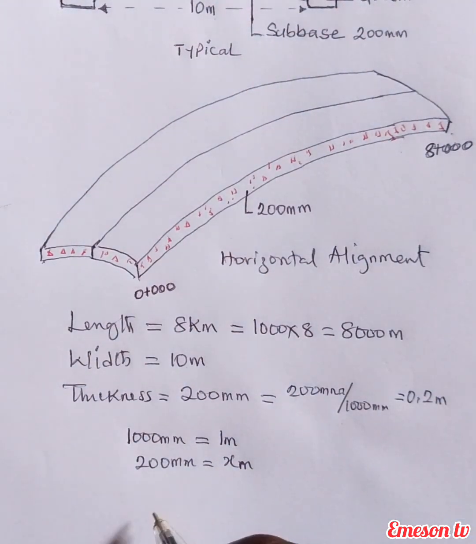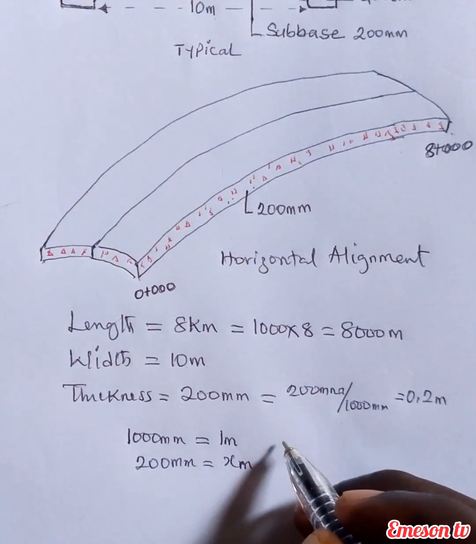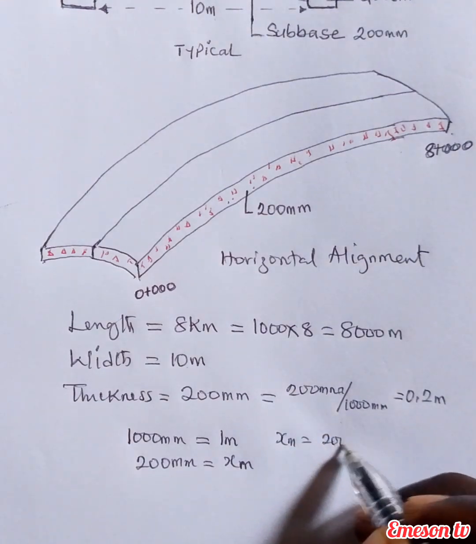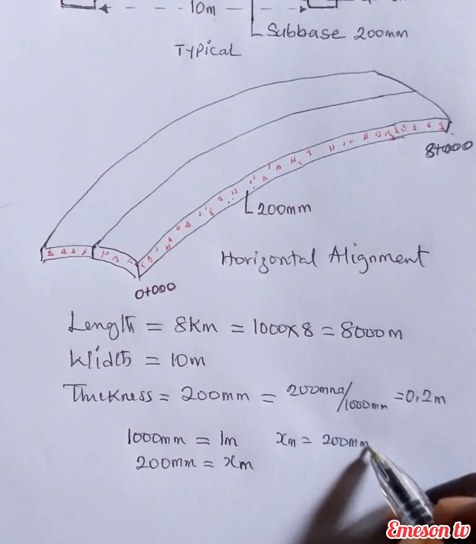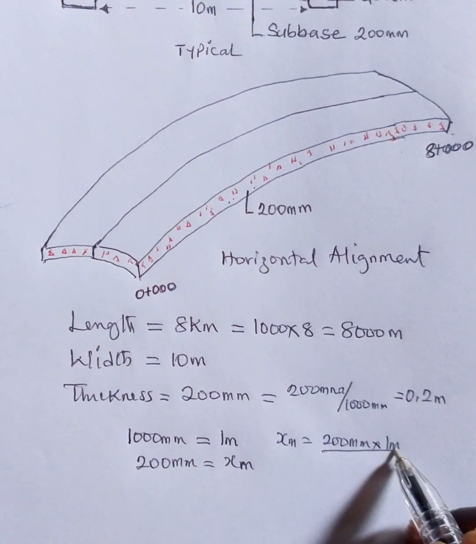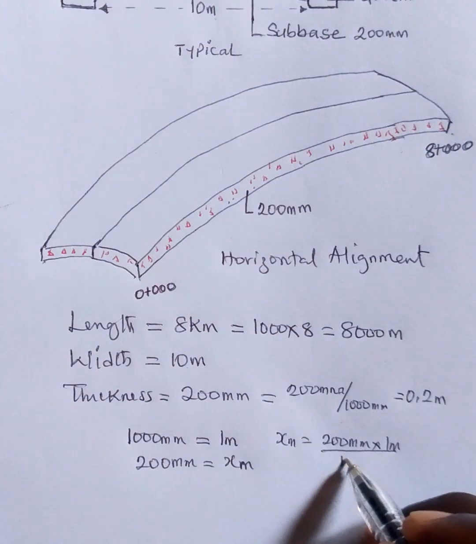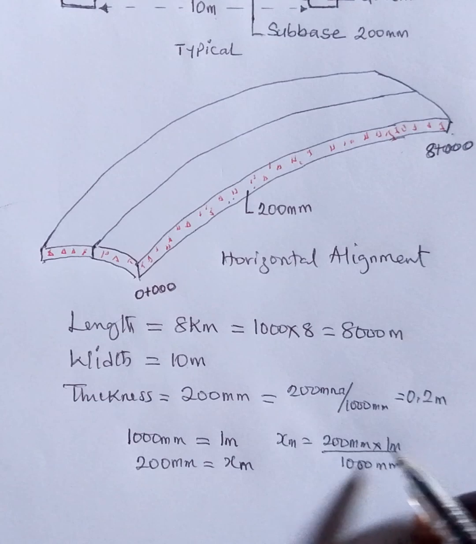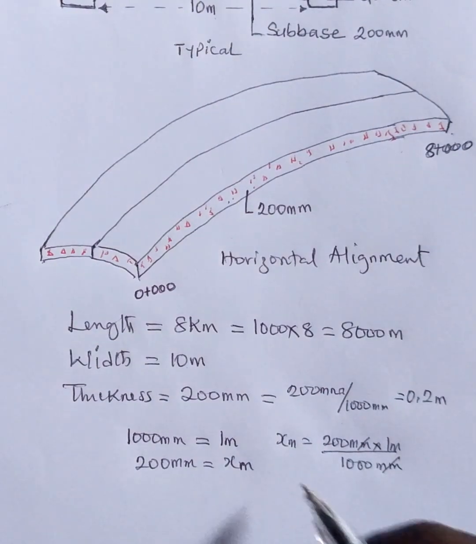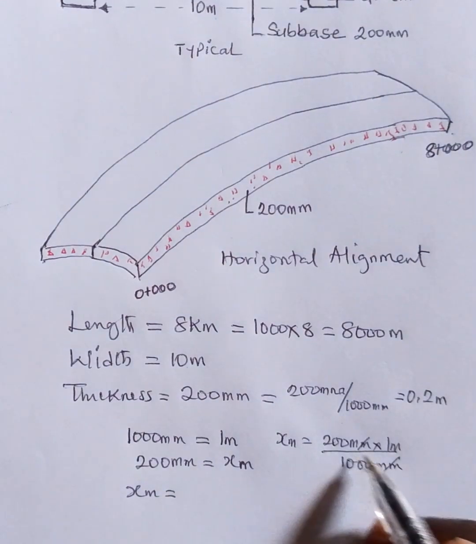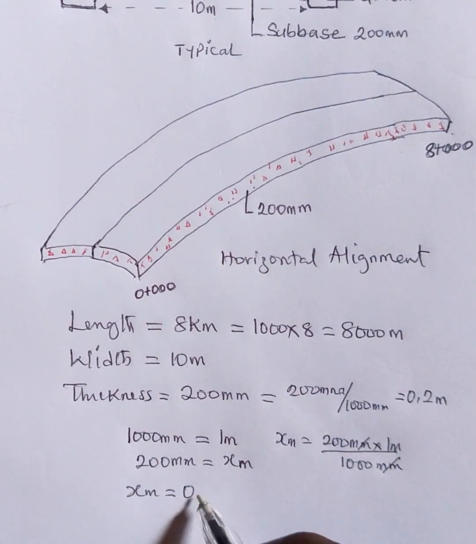So for us to get X meter, we have to say this 200 mm multiplied by 1 meter over 1000 mm. So you see that the unit will cancel with this unit. So X meter is equal to this over this, which is 0.2. The unit that is left is meters.